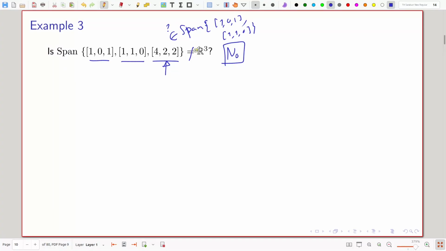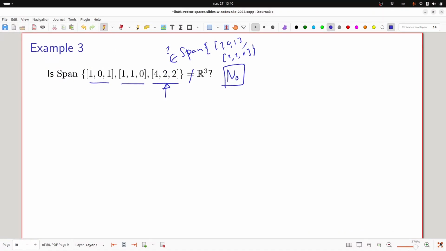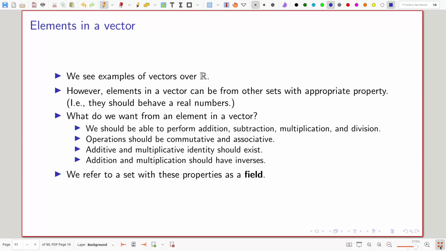Let me give you a motivational example. Typically, what's inside the vectors in machine learning and AI are real numbers, so we call this a vector over R. Over means the elements of the vectors are in R. So you can multiply by 0.1, you can divide by 2.